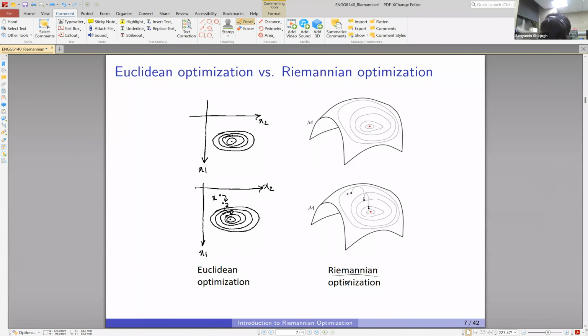Also in Riemannian optimization, we start from some initial random point on the manifold, and I move on the manifold toward the solution. And what is the solution? One of the points on the manifold where the cost function is minimized, right? This is Riemannian.